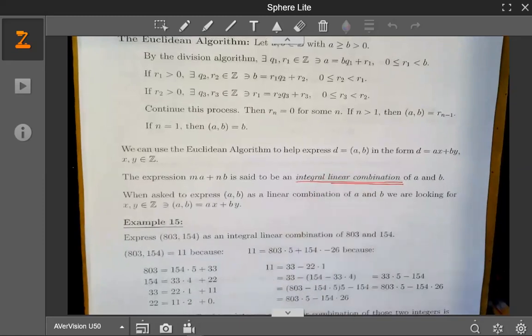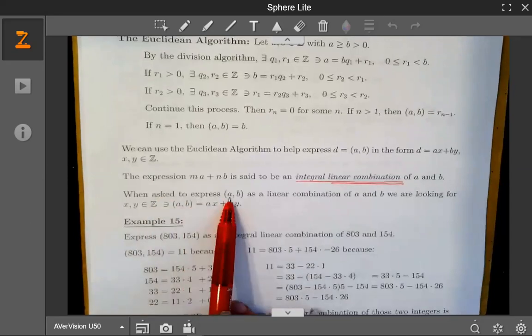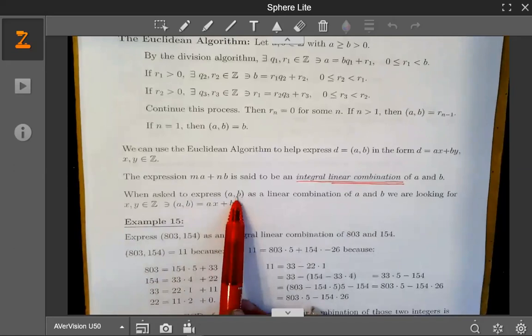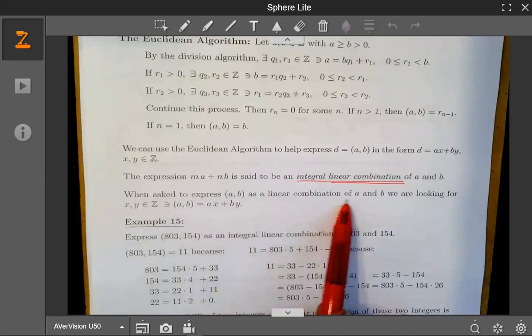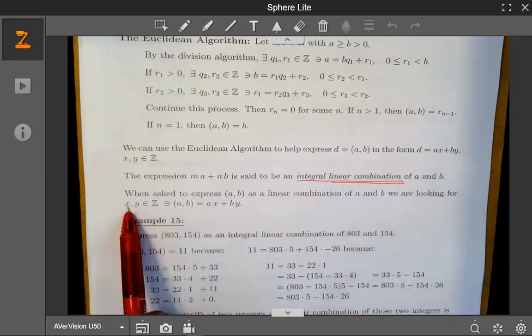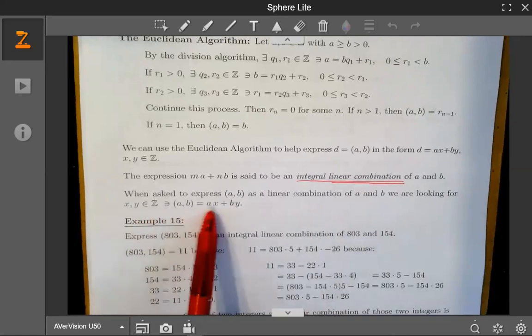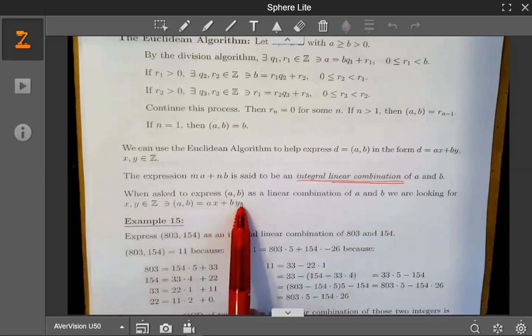So when you are asked to express the greatest common divisor of two integers as a linear combination of a and b, what we're looking for is some integers x and y such that the greatest common divisor is equal to a times x plus b times y.